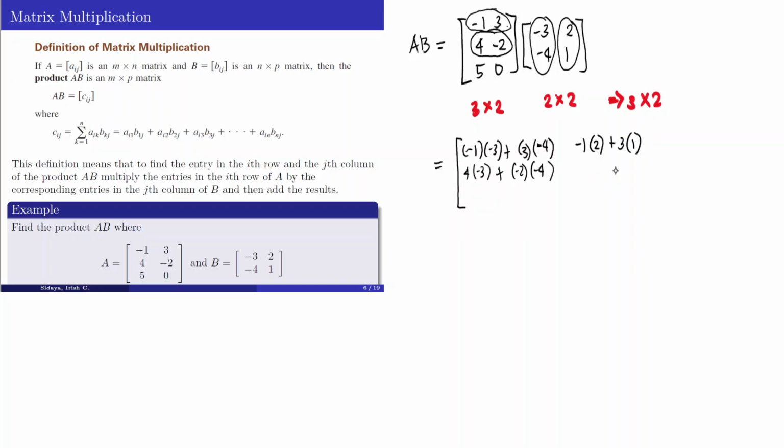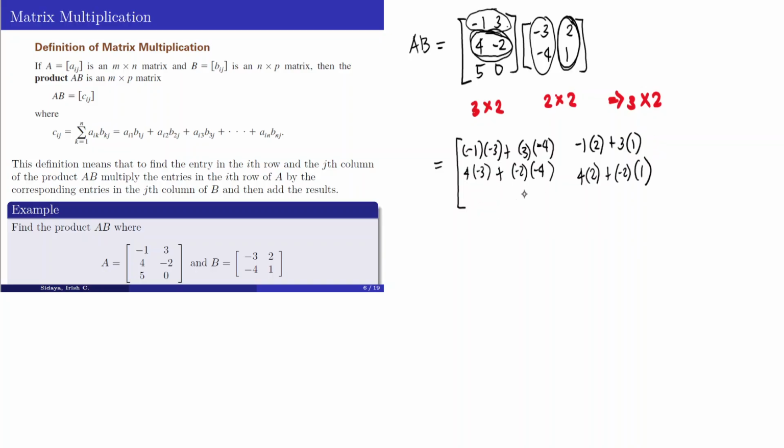To get the second row, second column entry, we will multiply again this second row by the second column of B. So we have 4 times 2 and then plus negative 2 times 1.